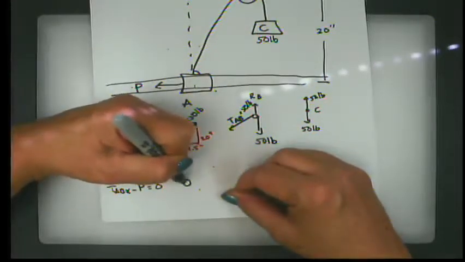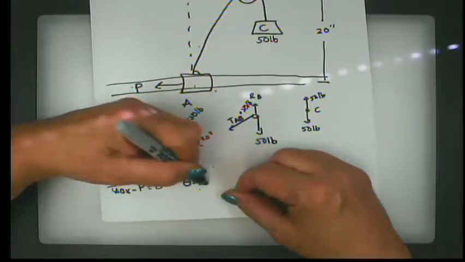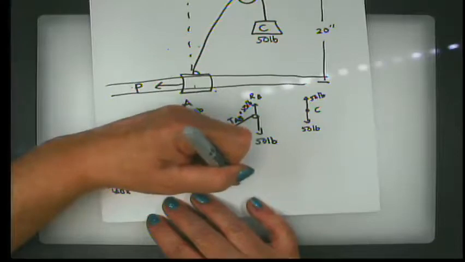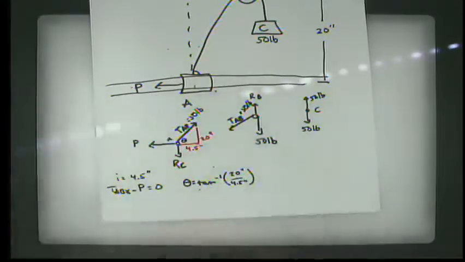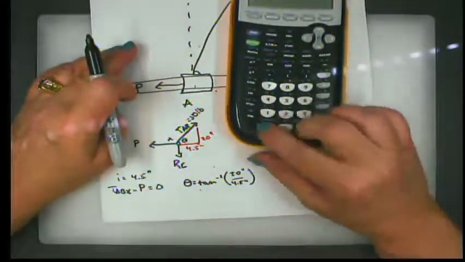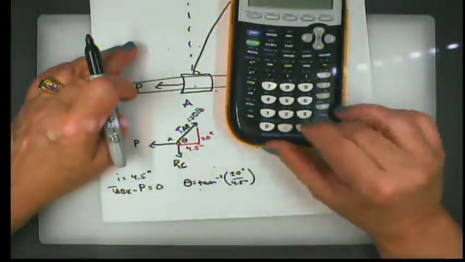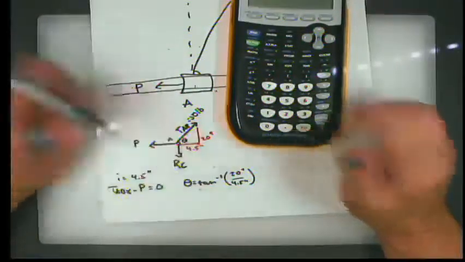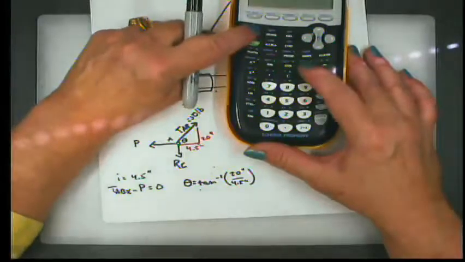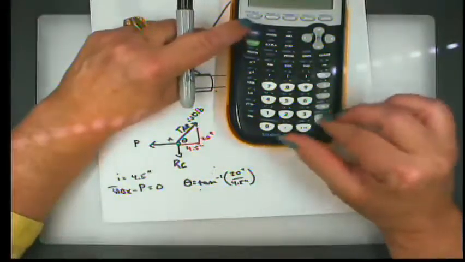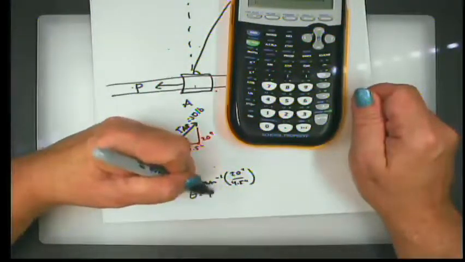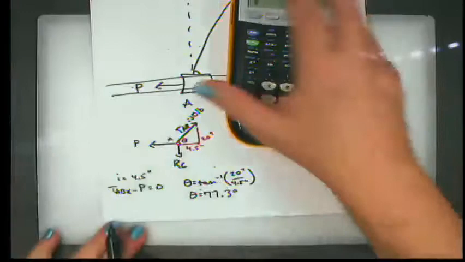So that means that the angle theta is the inverse tangent of 20 inches over 4.5 inches, or the inverse tangent of 20 divided by 4.5, because the units go away, or the inverse tangent of 4.44. So I've got that number, and I can say second, tangent to the minus 1 of my answer. That angle in the first case is 77.3 degrees.